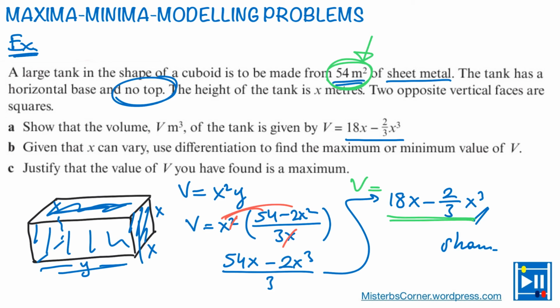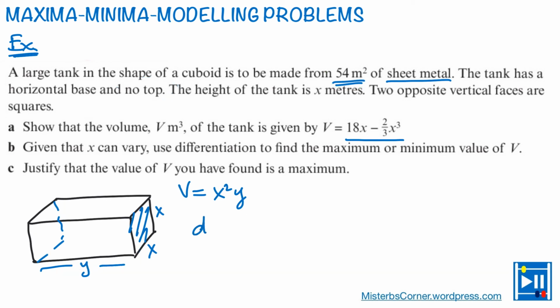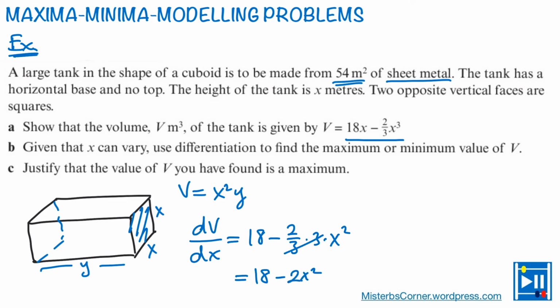Now, if I differentiate this, I can calculate the maximum and minimum values of the volume of the tank. So let's write the derivative of volume with respect to x. It's going to be 18 minus 2/3 times 3 times x squared. So if I simplify these, I'm going to get the derivative to be 18 minus 2x squared.